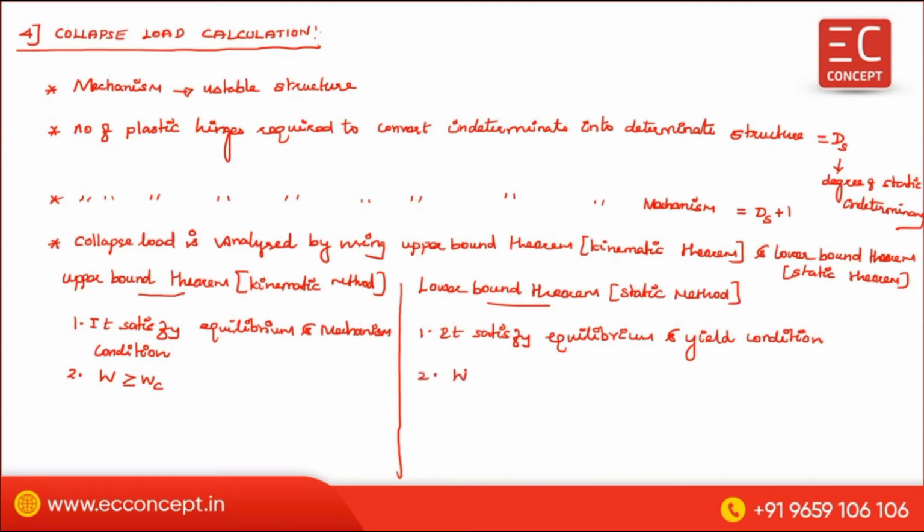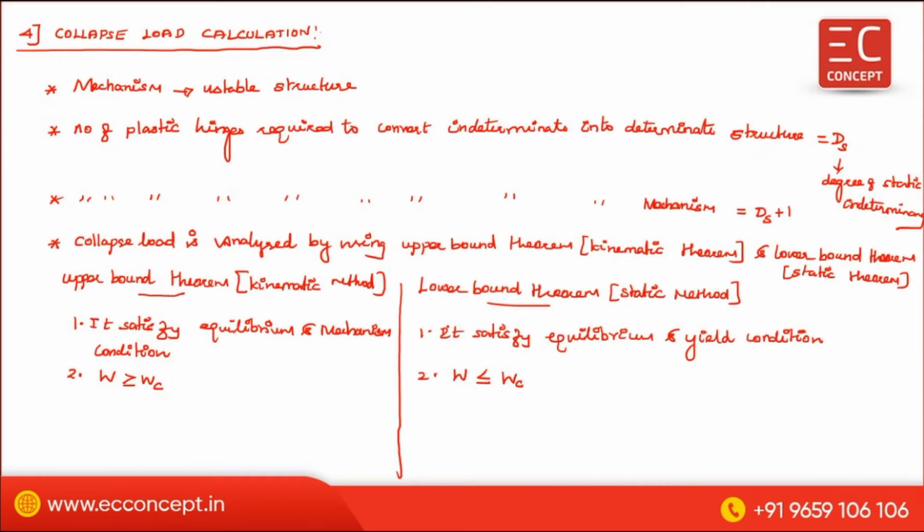Second point, the load W which you are getting is less than or equal to WC. In the lower bound theorem, the load you are calculating is less than or equal to the collapse load. In the upper bound theorem, the load is greater than or equal to the collapse load.